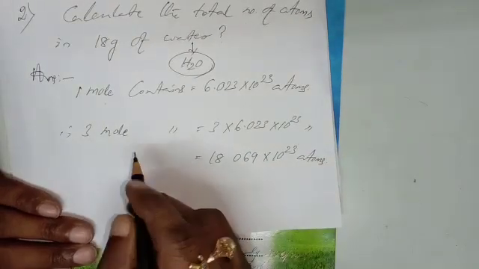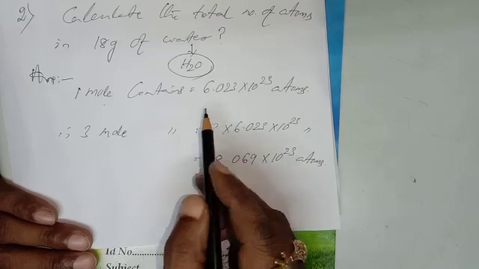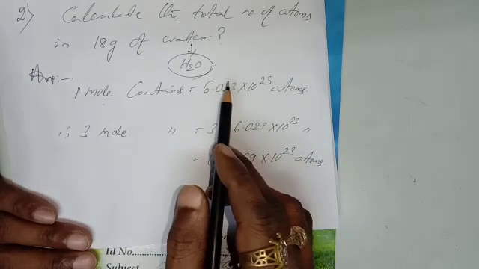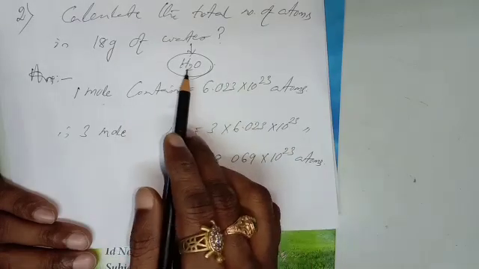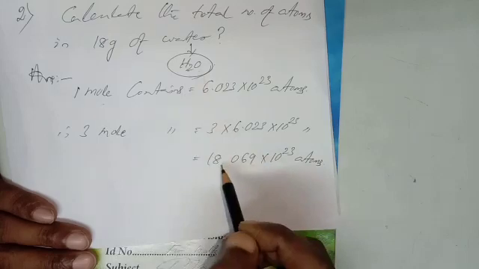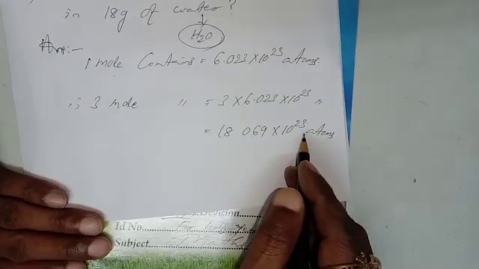Why am I writing 3 mole here? Because the molecular formula of water is H2O, and 1 molecule of water contains 3 moles of atoms, means 2 moles of hydrogen and 1 mole of oxygen. That's total 3 moles of atoms. Therefore, 1 mole means this much atoms, 3 mole equal to this much number of atoms.